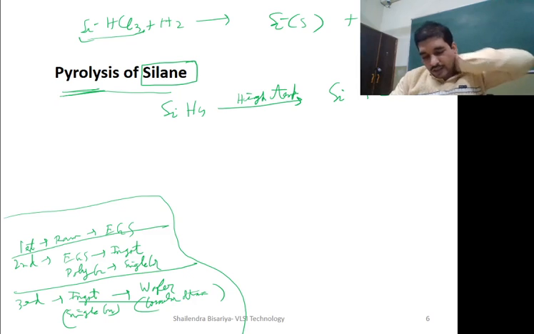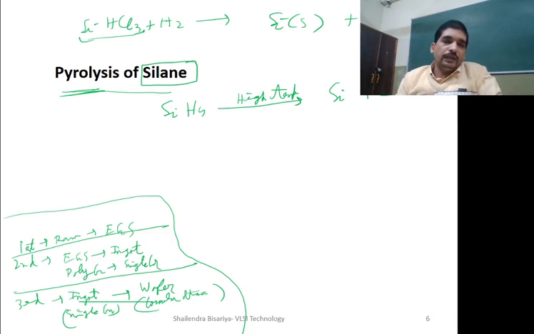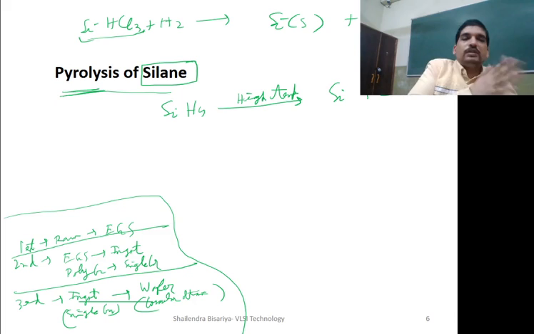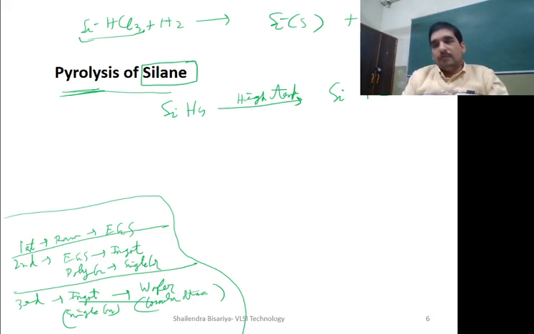But it has some drawbacks also, and we can compare which process is better, whether trichlorosilane is better or silane gas is better. You will be able to understand that later on during this course. I will tell you at the right moment.